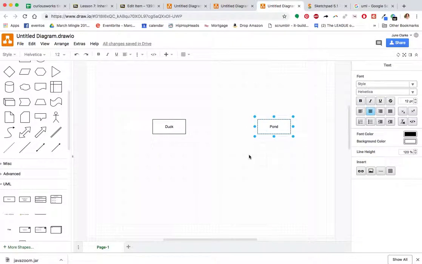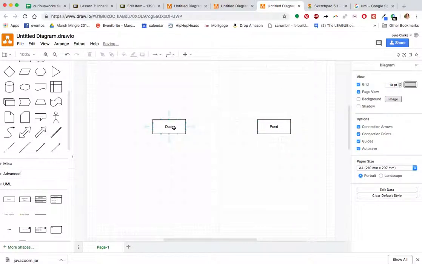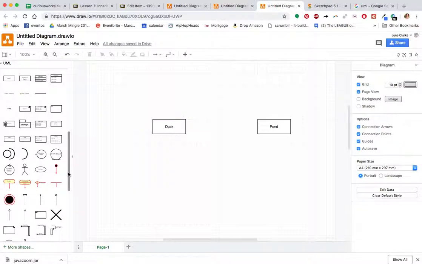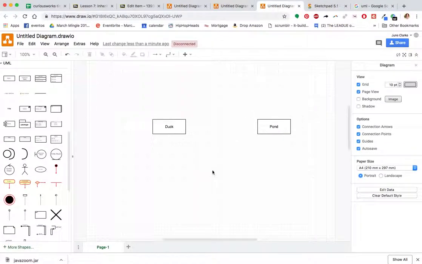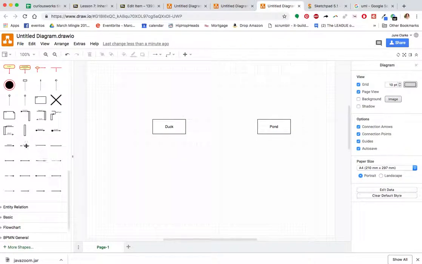You're probably gathering that the ducks are in the pond. So we have a choice of, does the pond own the ducks or does it just have ducks? I'm going to let the ducks have their own independent ideas separate from the pond.